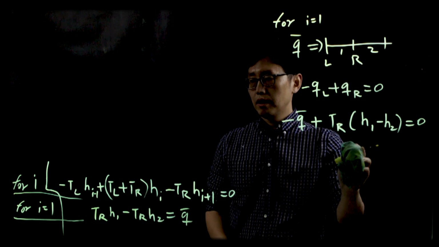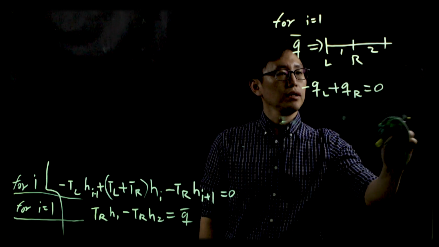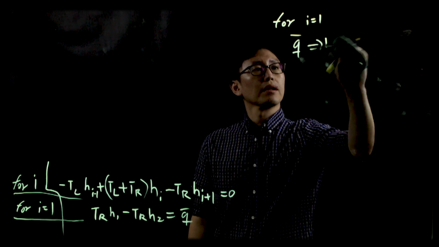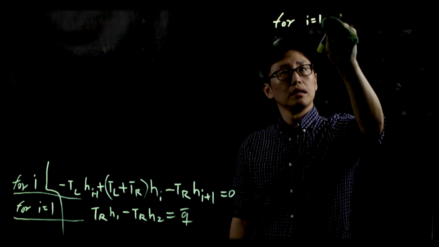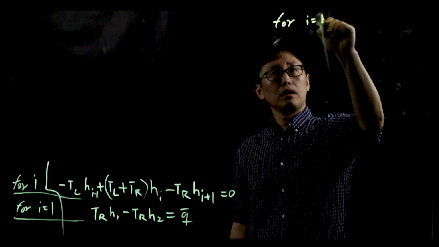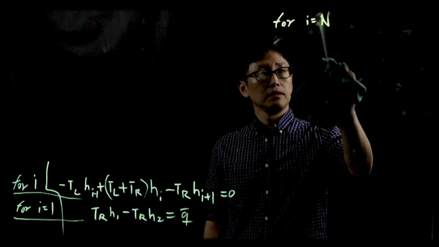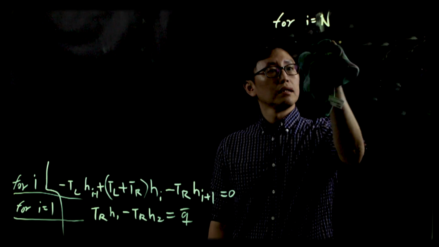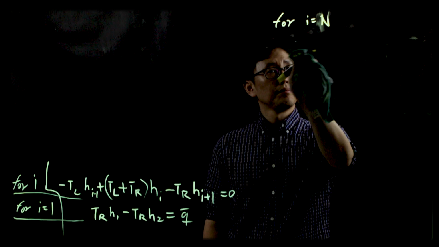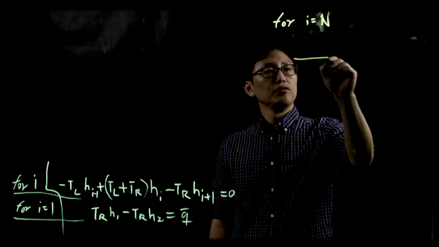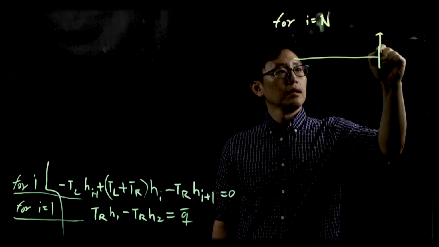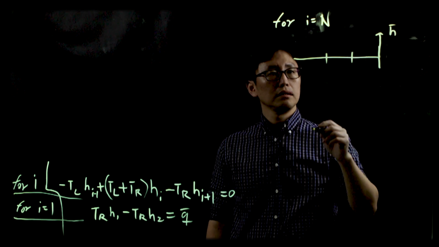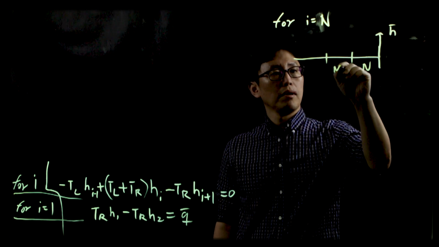And let's think about the last cell where we considered the head boundary. So there were n cells, so the index of the last cell should be n. And it looks like this, where we have head boundary h bar, and the cell indices n minus 1, n.